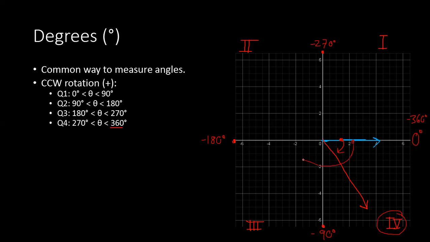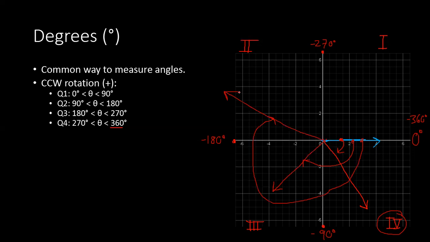But what if it exceeds further, like it reaches less than negative 90 degrees? Therefore, it reaches the third quadrant. Here you will have an angle less than negative 90 degrees but greater than negative 180 degrees. What if you exceed even further and reach the second quadrant?